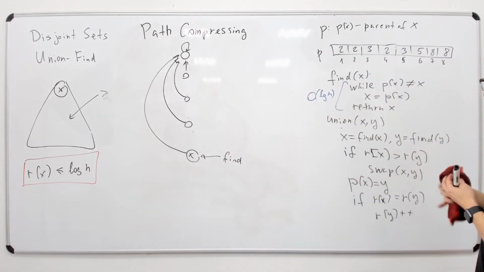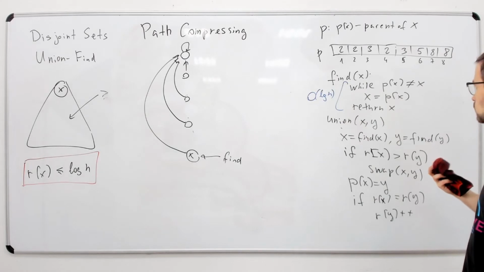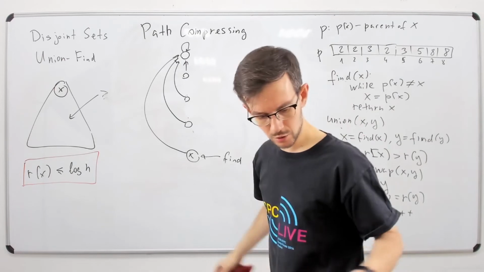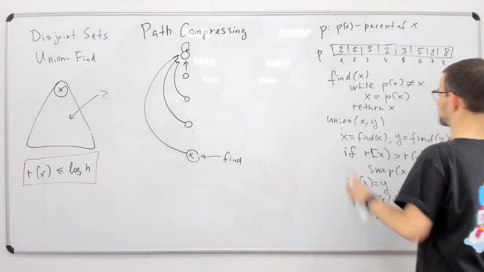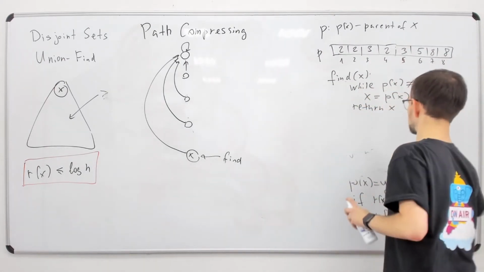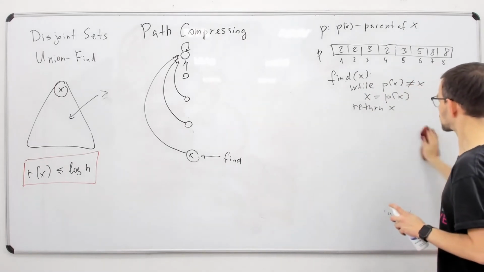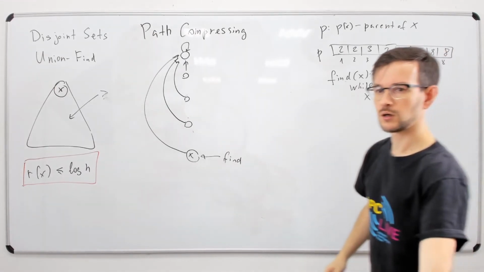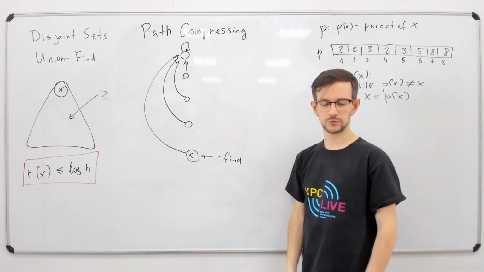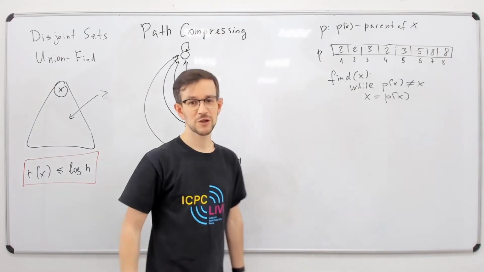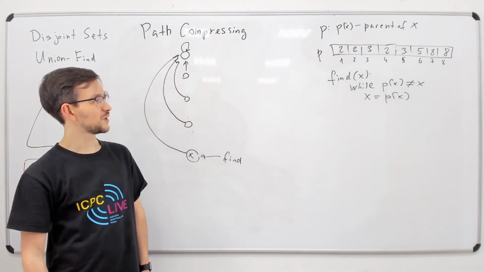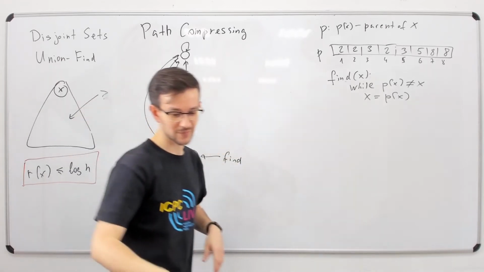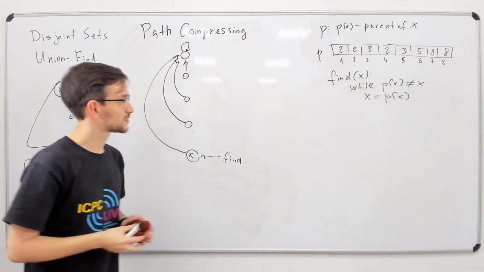So let's modify this find. Let's move it here. Do you want to make it recursive or non-recursive? That's a matter of taste, actually. Let's make it non-recursive, just to make it interesting.